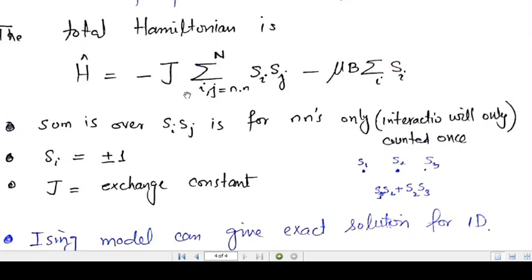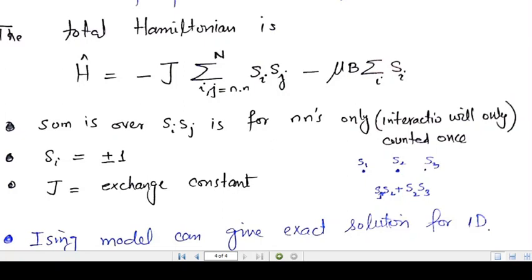So if you are able to find the energy of the system, you will be able to find Z, and from Z you can find the rest of the thermodynamic properties of the system. It is not difficult to understand the Ising model, and you will see that it is very easy to solve, especially in the case of one dimension, for different problems.